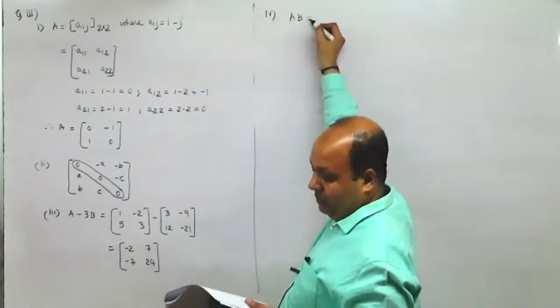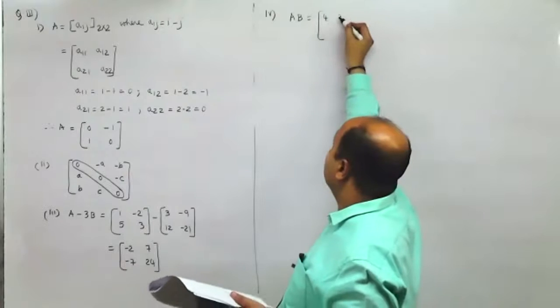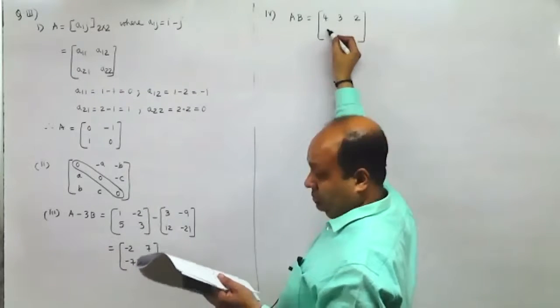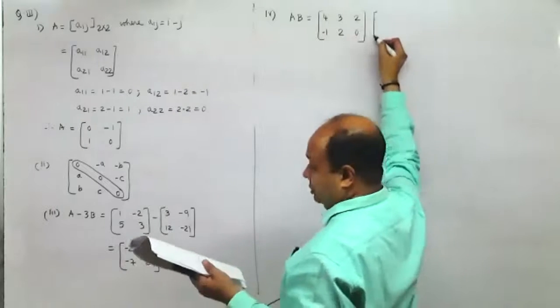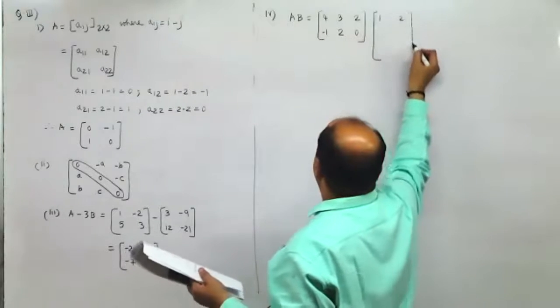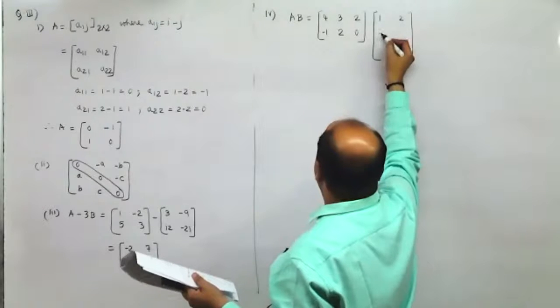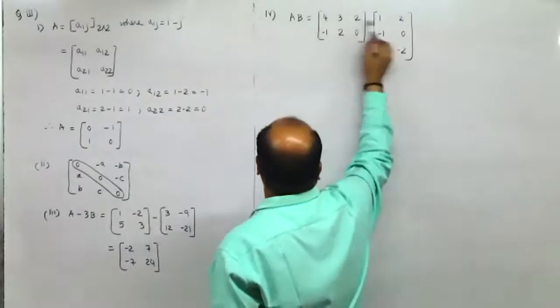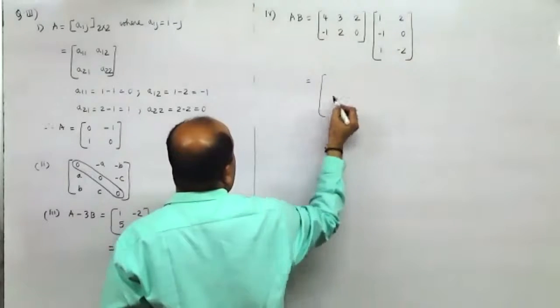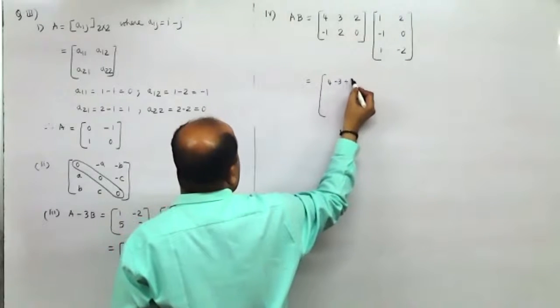AB would be 4, 3, 2, minus 1, 2, 0, 1, 2, minus 1, 0, 1, minus 2. First row, first column would be 4, minus 3 plus 2.